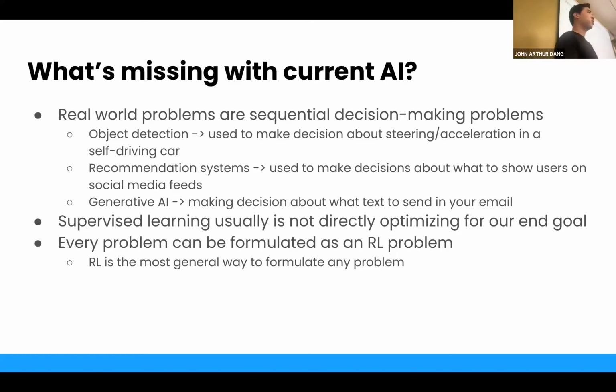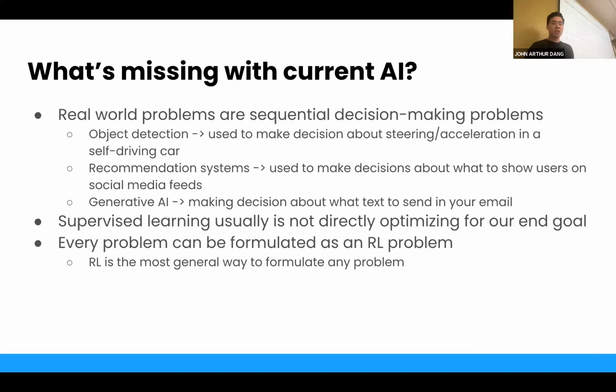Maybe you're using AI to send text in your email. This might be a back and forth, long-term sequential decision-making thing. The problem here is that supervised learning is not directly optimizing for this end goal. We're just looking at some piece of data one time, and then outputting some classification or prediction. And in the end, that's not usually what we actually care about.